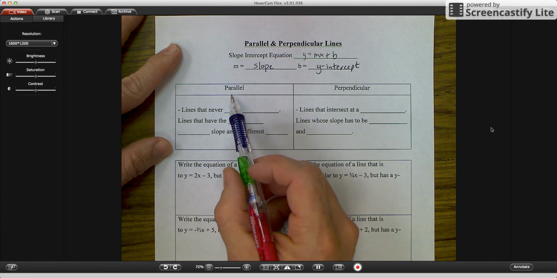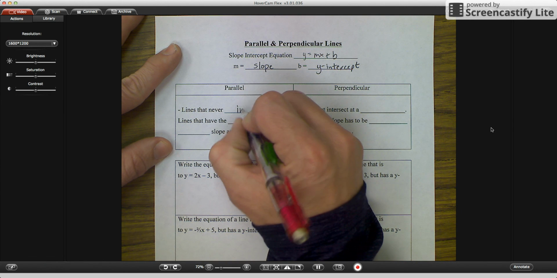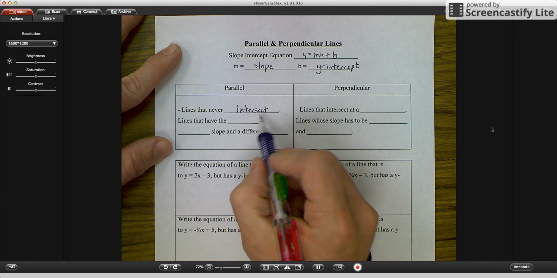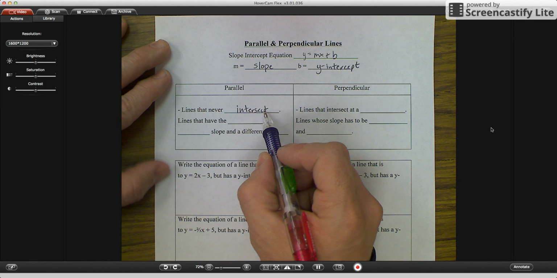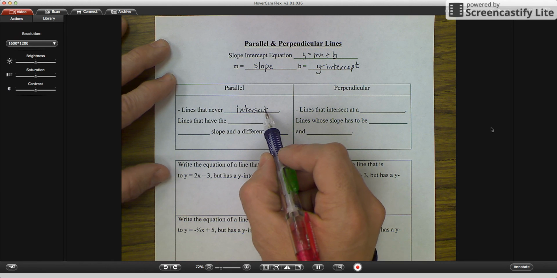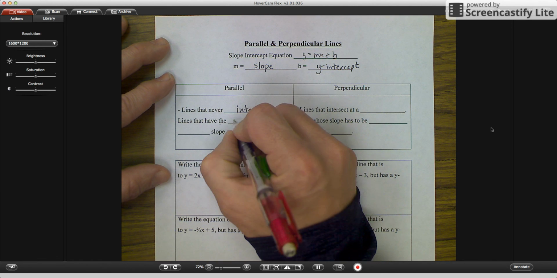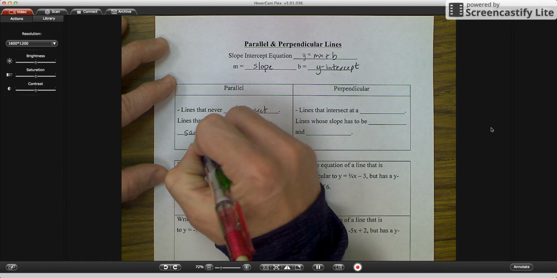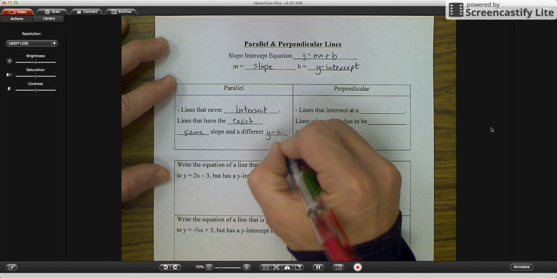So now we're going to talk about parallel lines. Parallel lines are lines that never intersect. Okay, and lines that never intersect means that they never touch each other. If they never touch each other, they have to be lines that have the exact same slope and a different y-intercept.